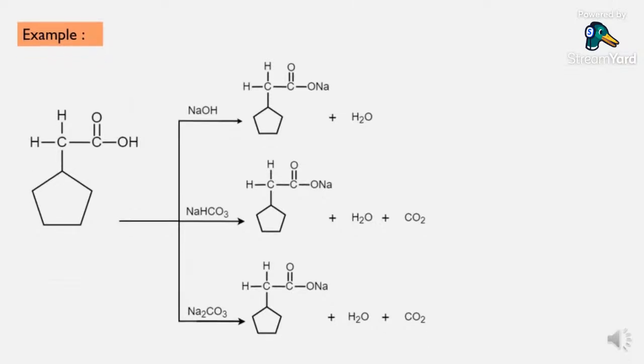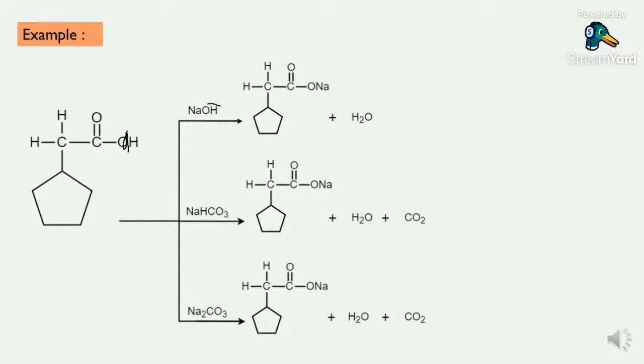So here we have the example for neutralization. First and foremost, as I said before, we must break the OH over here first. Then we must take OH over here.